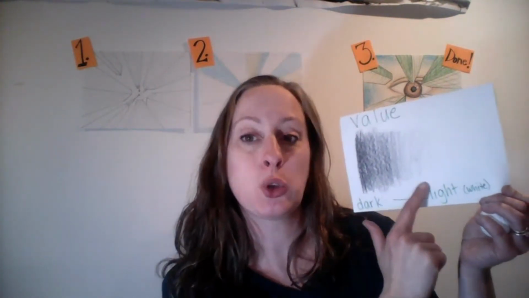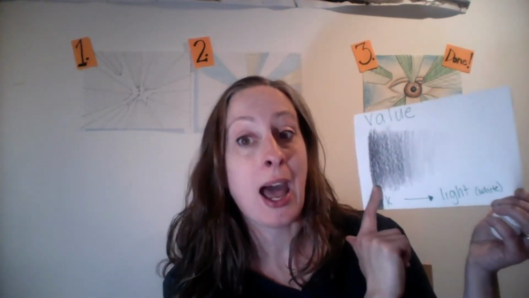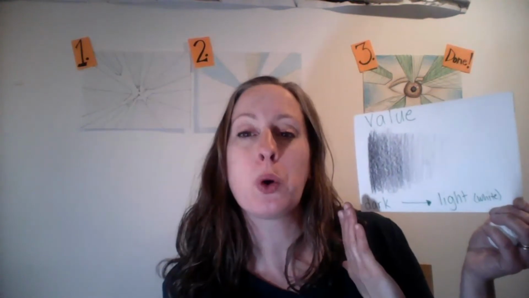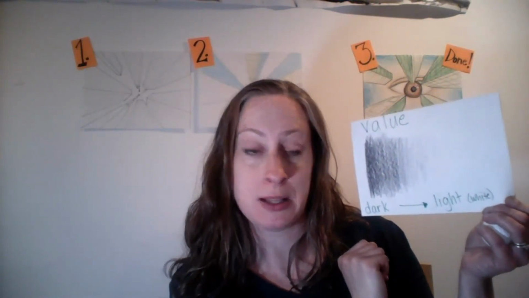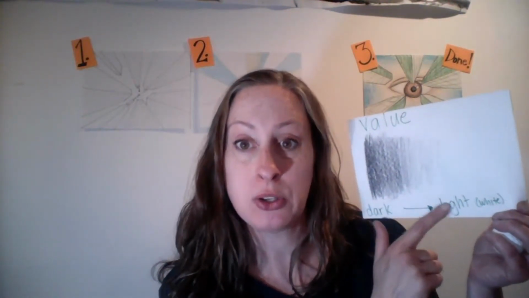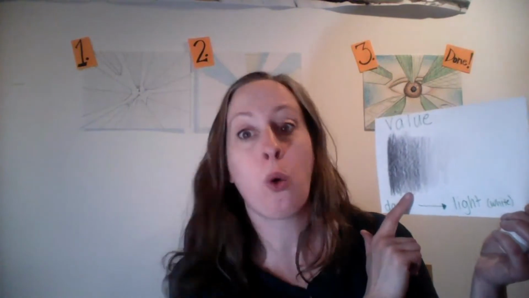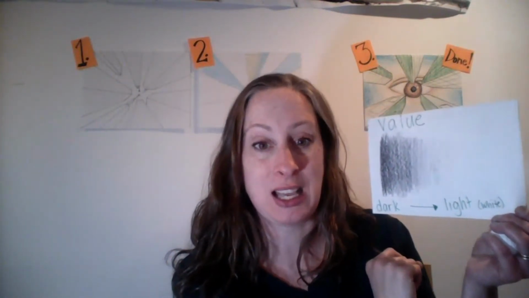And then as we get towards that light value area, and the lightest value will be white, we would lessen up on our pressure that we're putting on our crayon or a pencil. We could blend with lighter colors or less dark colors or no color, and we would do less layers of coloring as it gets lighter. Okay, so value, we know, can make 2D shapes appear to be 3D forms.